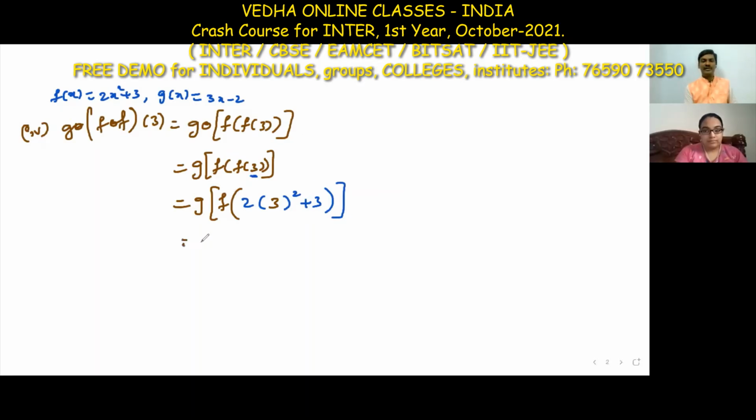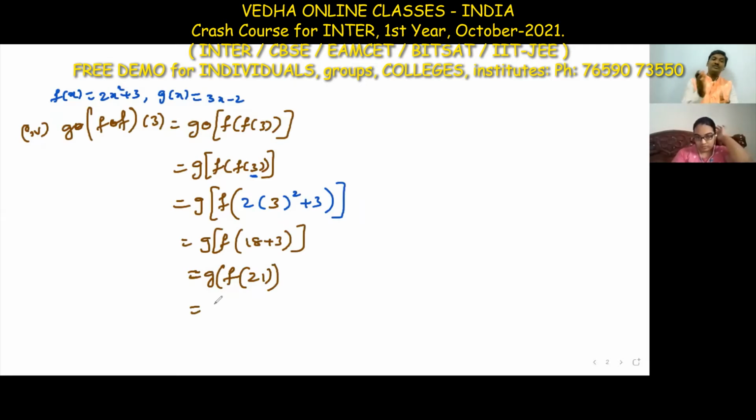Now simplify. This is g of f of 2 into 3 square, which is 9, 9 twos are 18, 18 plus 3. What is 18 plus 3? The value is g of f of 21. This 21 we again substitute in place of x in this function.